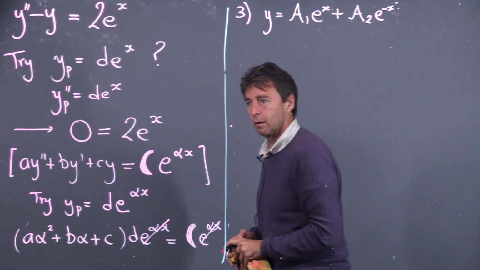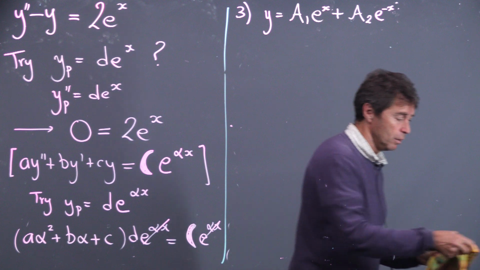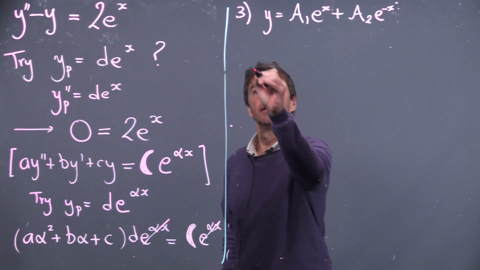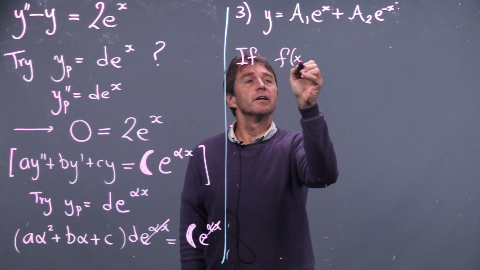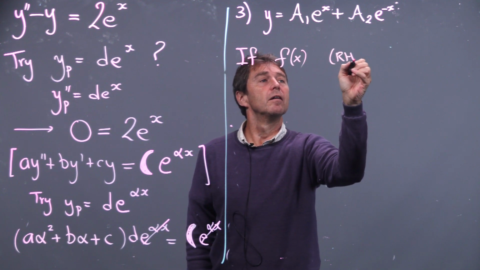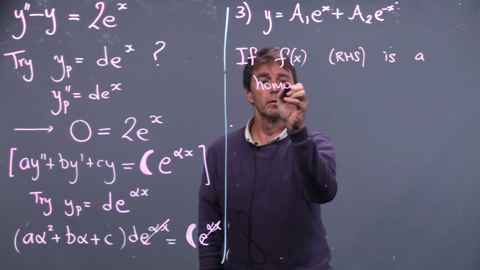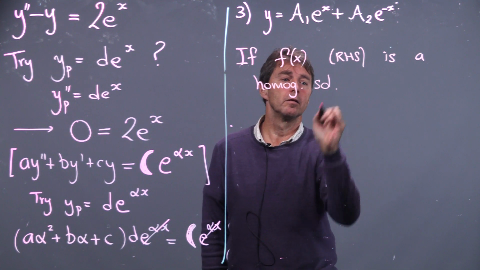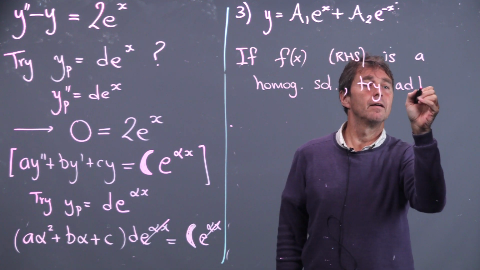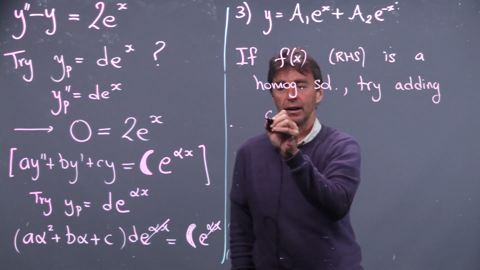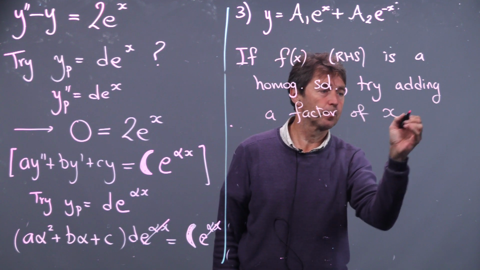So how do we fix that up? We still need a particular solution in order to complete the recipe. What do you do? If f of x, the right-hand side, is a homogeneous solution, try adding a factor of x to yp.